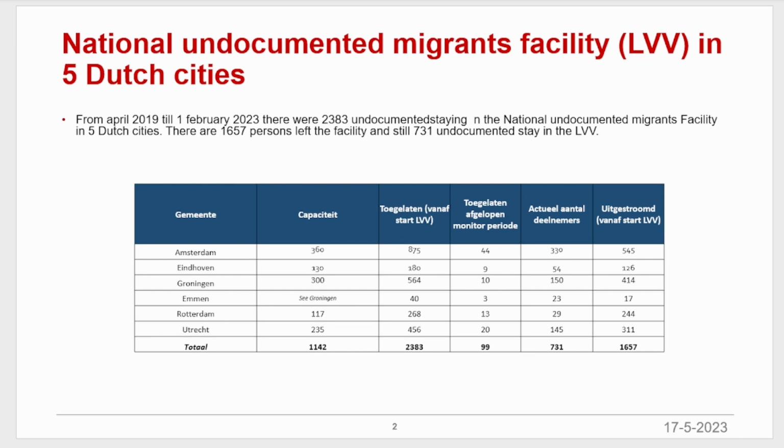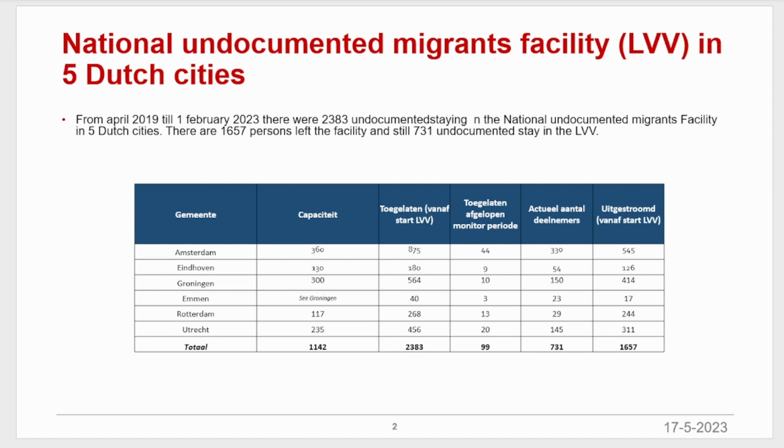We know almost everything about these undocumented migrants: the residence permit status, when they came into the Netherlands, their nationality, identity, medical conditions, etc. So one thing is sure, this is different than some other matters. We know these are undocumented migrants.